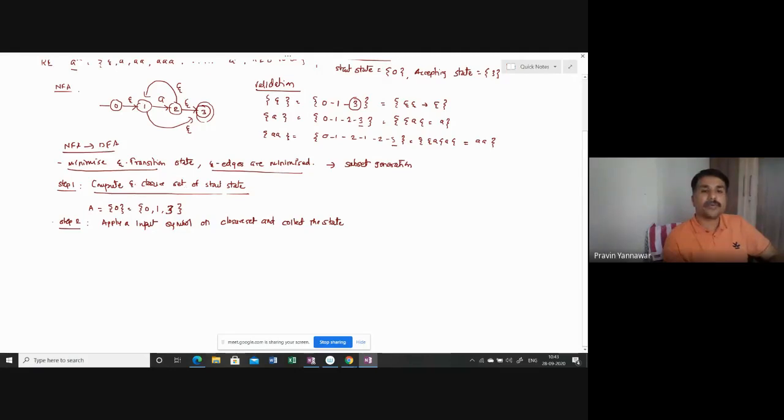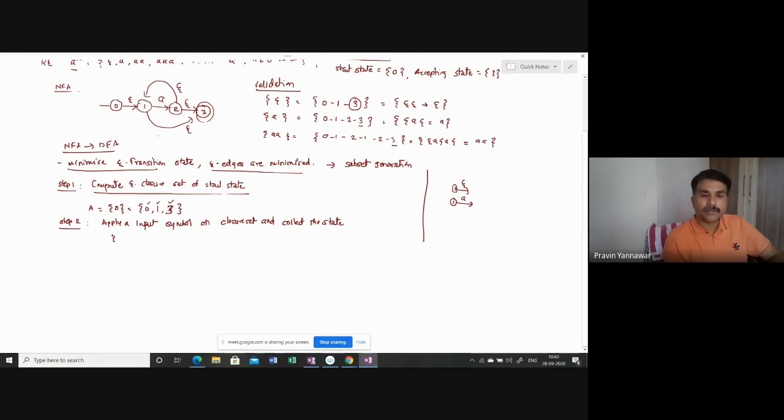Now you can figure out on which state A is being applied. On 0 we have epsilon, on 1 we have A input. The set contains 0, 1, and 3, so on 0 I cannot apply A, it is epsilon there.